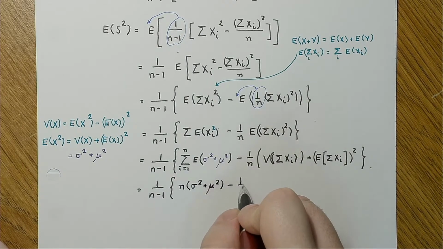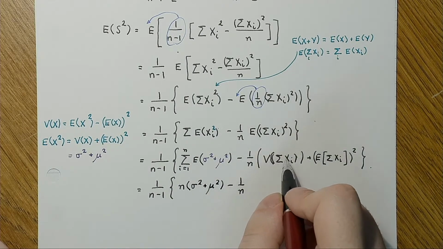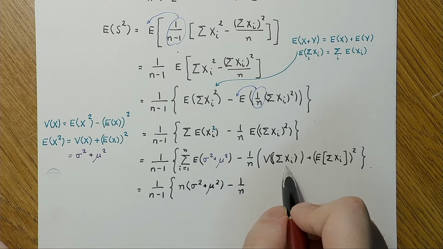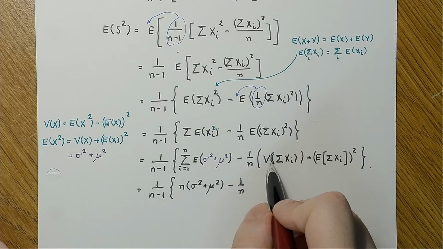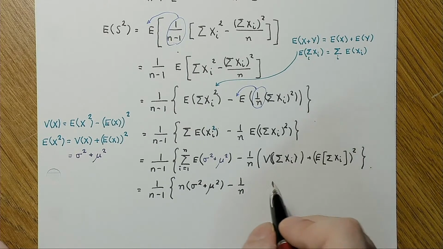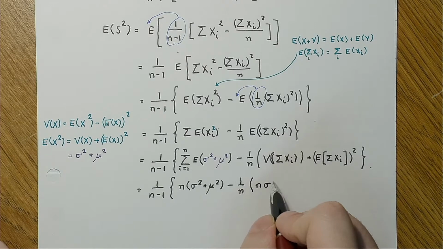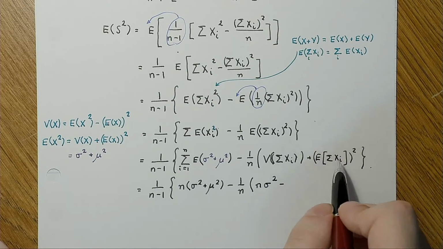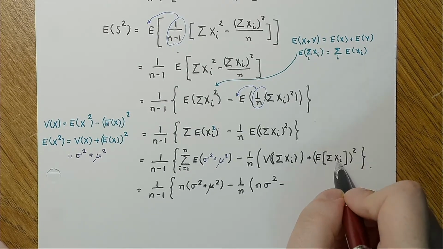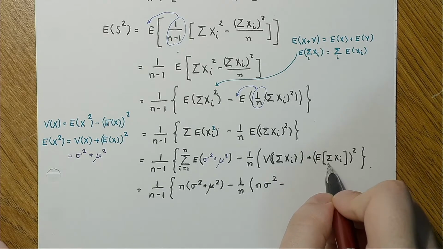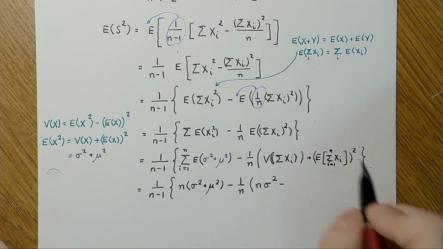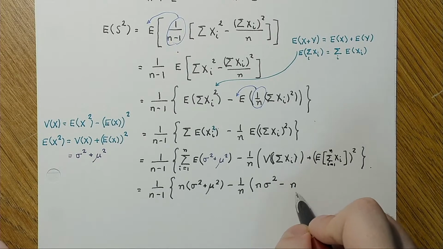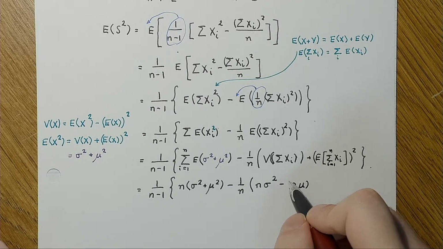Over here, each of the variances, we know what that is. It's n times sigma squared minus, and over here is the expectation of the sum of Xi. So again, that's mu, n times mu, and that will be squared.